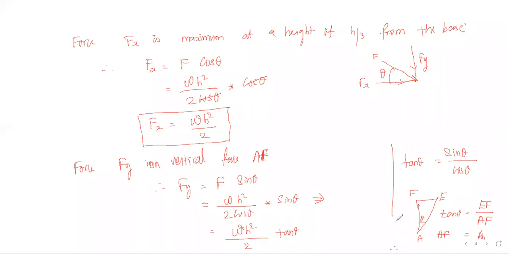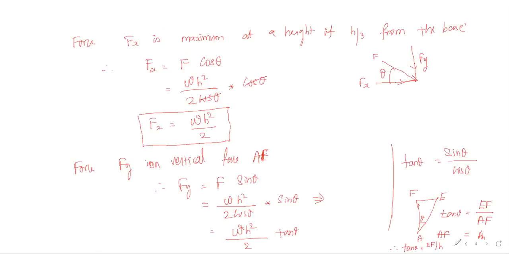Therefore, tan theta is equal to EF by H. So Fy is equal to density into H squared divided by 2 into tan theta. Instead of tan theta, we are going to substitute EF by H. So H is going to cancel, giving density into H into EF by 2.